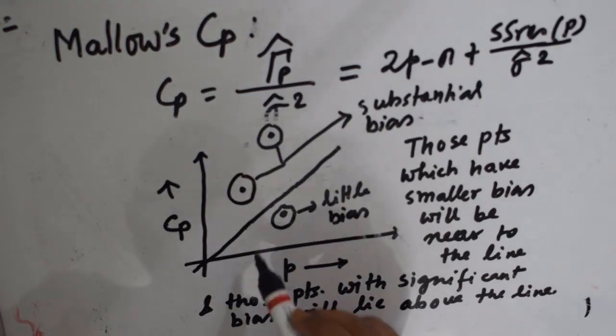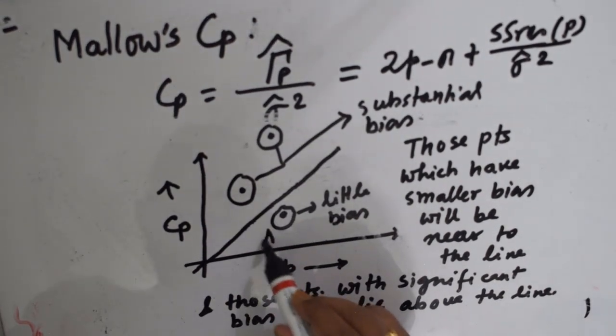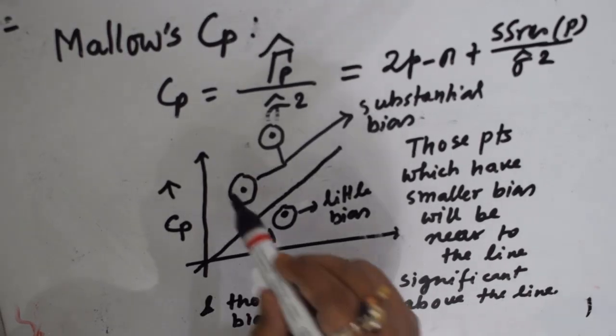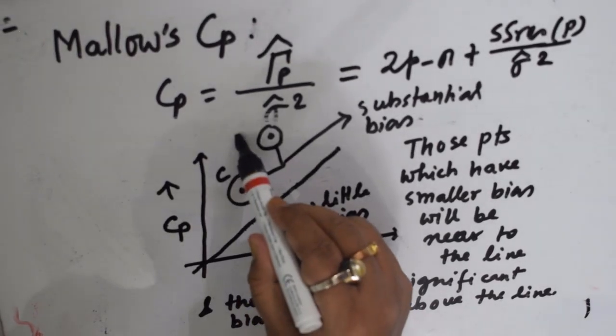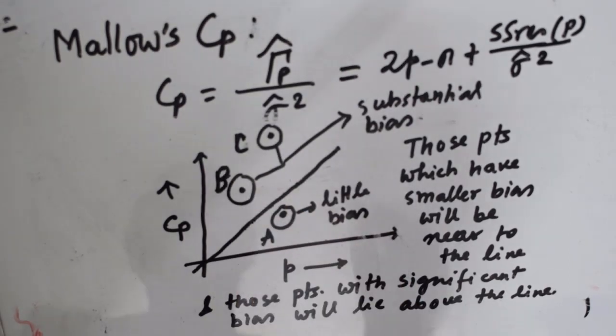We denote this point as A, this is C, and this is B.